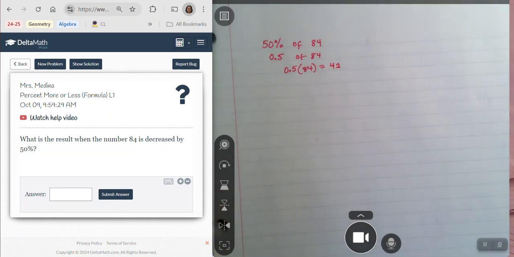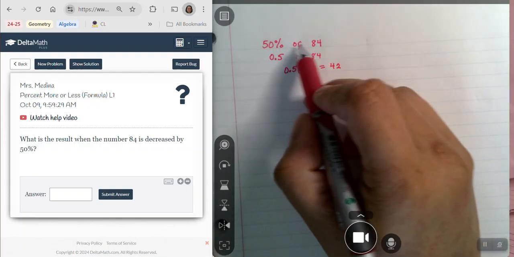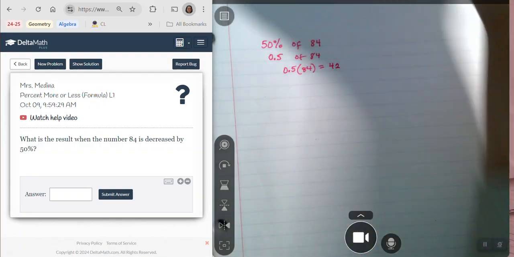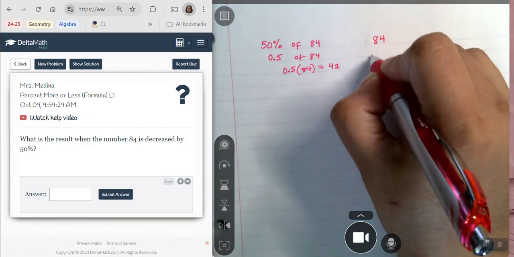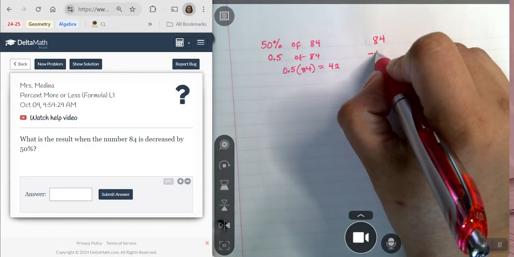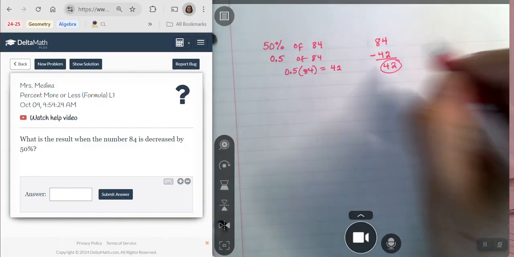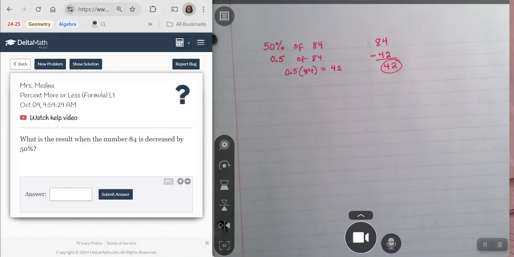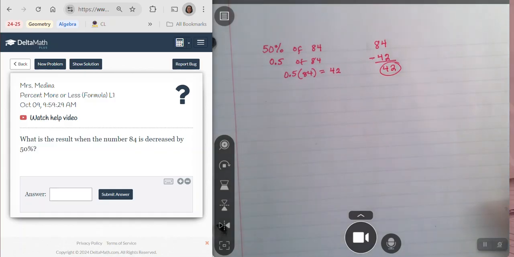Half of 84 is 42. We need to decrease it by 50%. So 84 is going to be decreased by 50% of itself. So minus 42 is going to give us the other half, right? If you take away half of it, you're left with the other half.